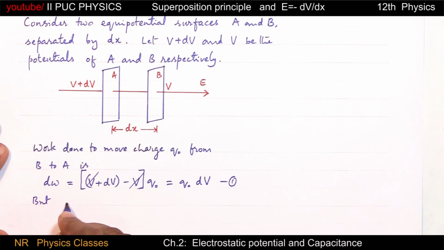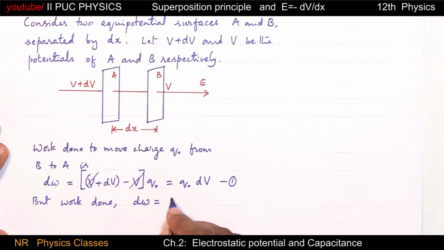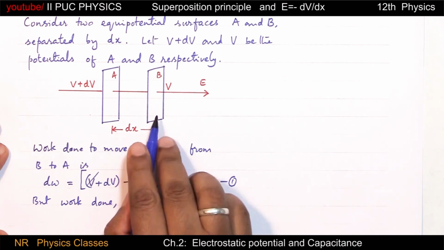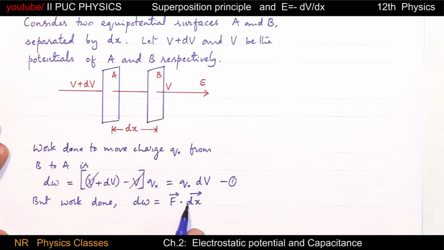But work done dW equals force dot displacement. The charge is moved from B to A, therefore displacement is dx, equal to F dx cos 180.